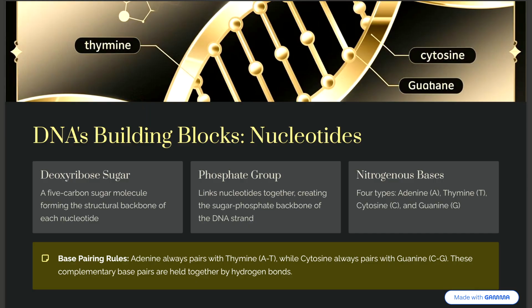There are 4 types of nitrogenous bases: adenine, thymine, cytosine, and guanine. As I said earlier, adenine always pairs with thymine, A and T, while cytosine always pairs with guanine. These complementary base pairs are held together by hydrogen bonds.